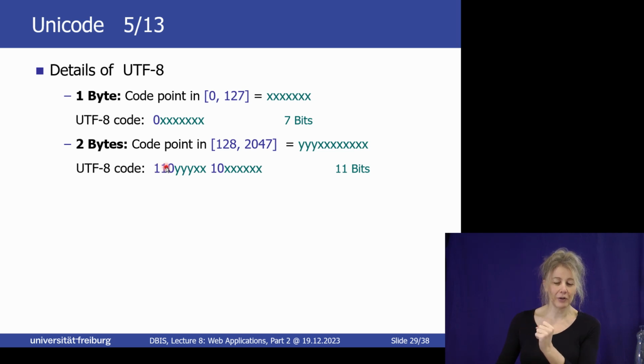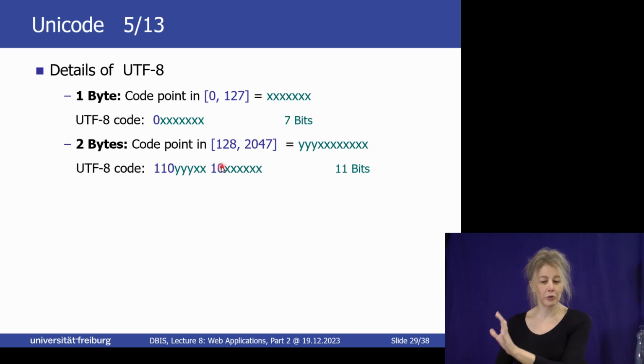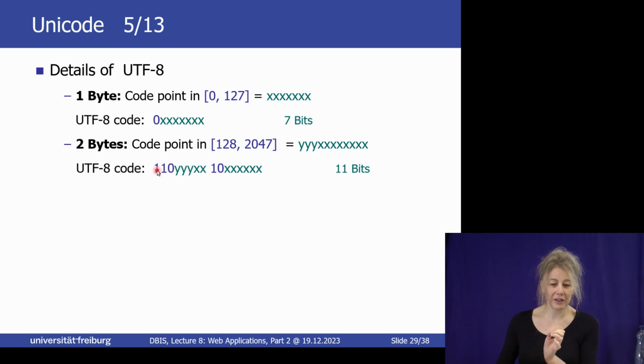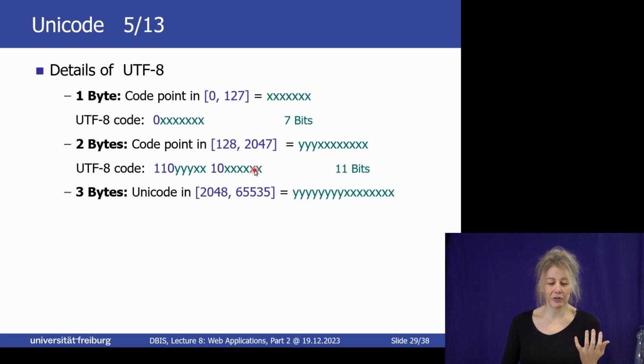It's actually very elegant and very easy to understand. These bytes actually have content now, and 10 means this is a continuation byte of a UTF-8 multi-byte sequence, right? So, and here I have the code point, and you can easily see this is 16 bits minus 1, 2, 3, 4, 5 is 11. So you have 11 bits for contents. And it just goes on like this.